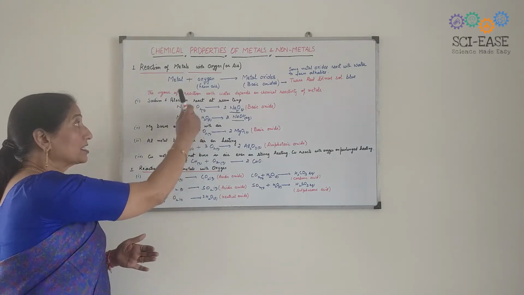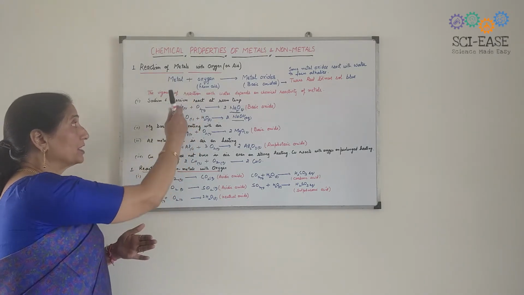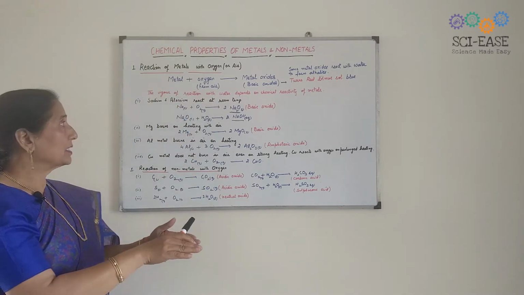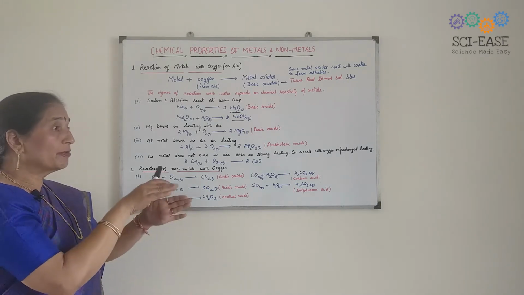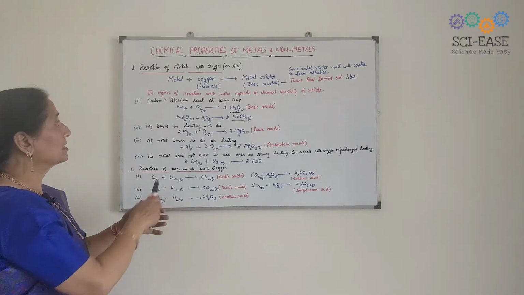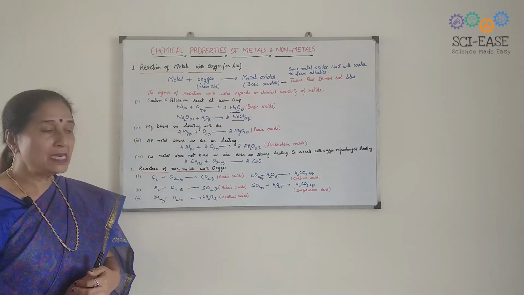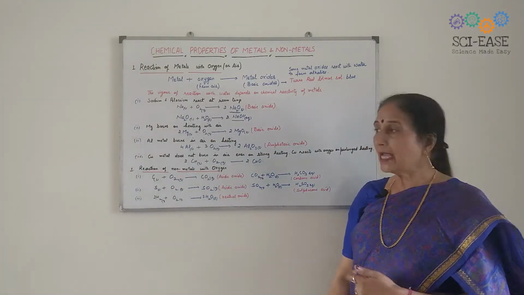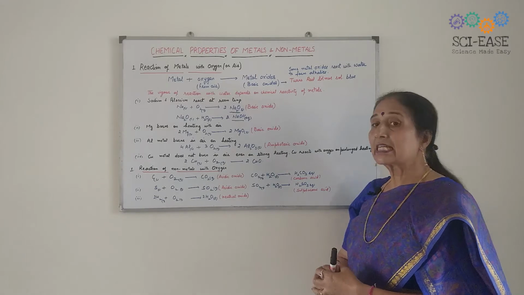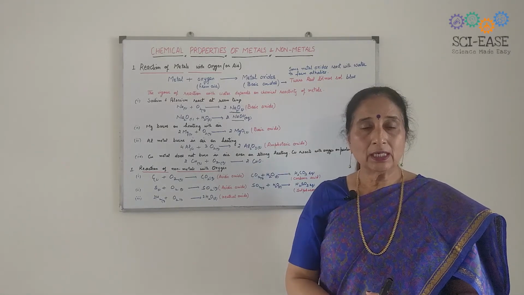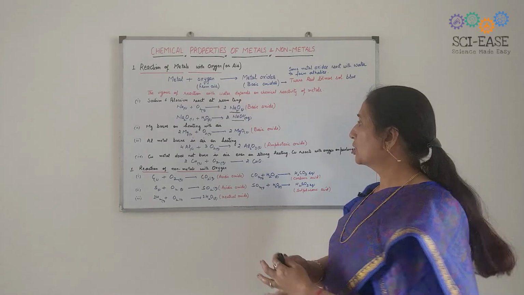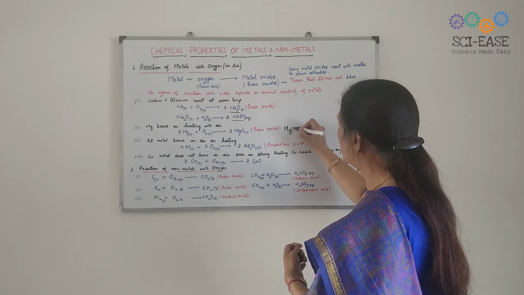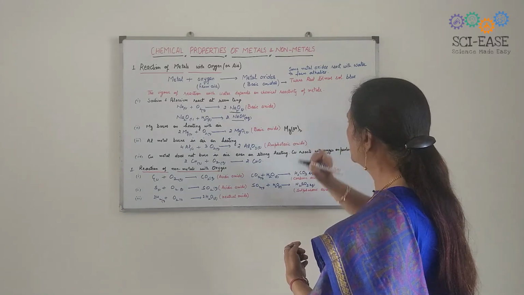If we compare the reactivity of sodium and potassium with magnesium, magnesium is less reactive than sodium and potassium, so it will be placed below them in the reactivity series. Magnesium oxide is again a basic oxide. It can react with water and result in the formation of magnesium hydroxide, Mg(OH)2.